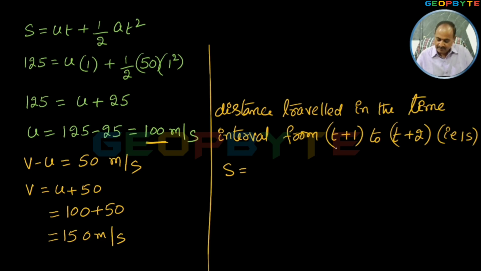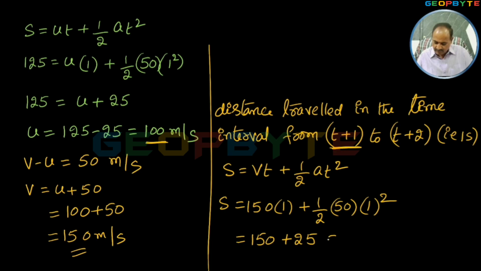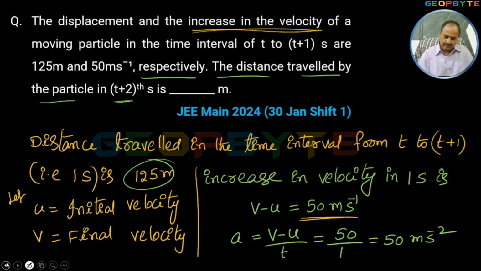Velocity is becoming v, meaning the velocity of the particle at time t plus 1 is v. s equals vt plus half a t square. You got it: 150 into time period 1 plus half into a, 50, into 1 square. It is equal to 150 plus 25, which is 175 meters. That is the distance traveled by the particle in the time interval from t plus 1 second to t plus 2 seconds. The answer is 175 meters.